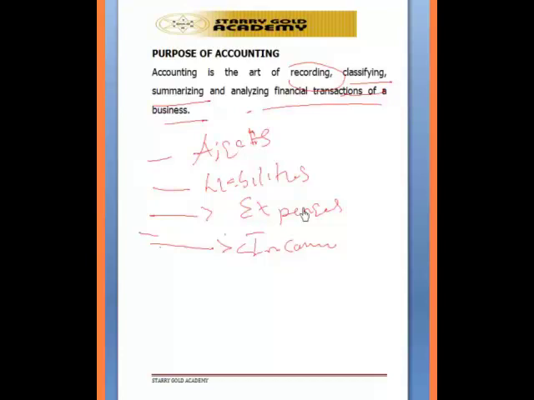The transactions are then recorded in books of original entry. Thereafter, the transactions are analyzed. So after we have classified and summarized the transactions, we go further to what? To analyze them and post to accounts in the ledger.